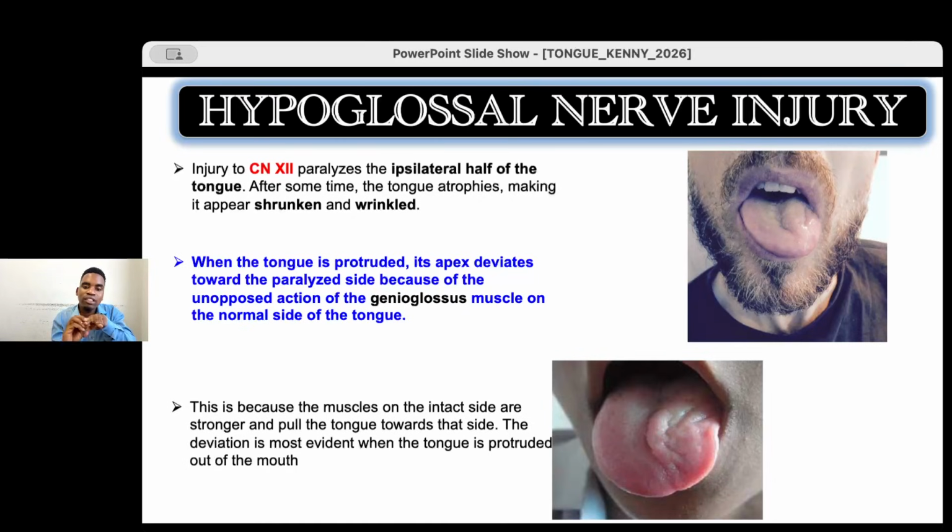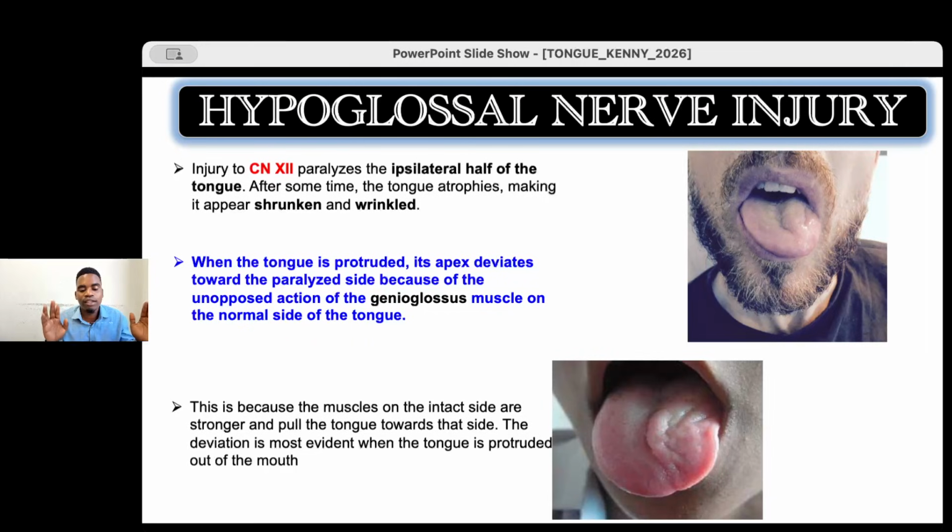The right one is not affected, the left one is affected. Because it's affected, it cannot pull the tongue outside, and so it becomes weak. But the right side can push the tongue outside, it can protrude the tongue outside. So the right side goes out, the left one does not go. So what happens is the left side pulls the tongue posteriorly, and so we have deviation on the same side.